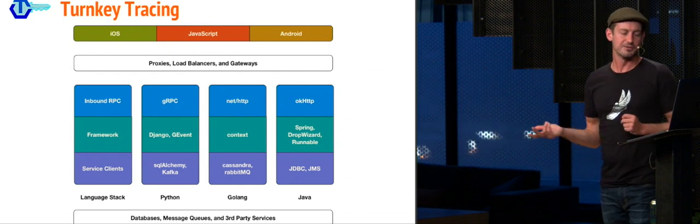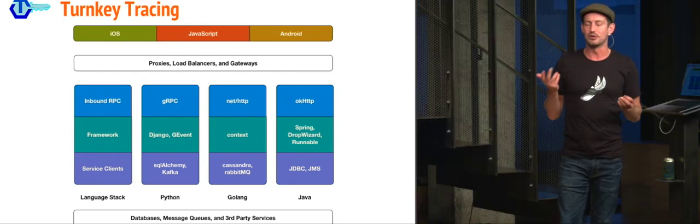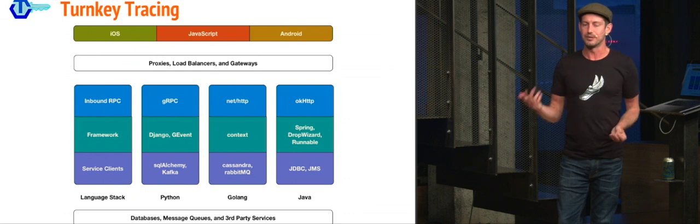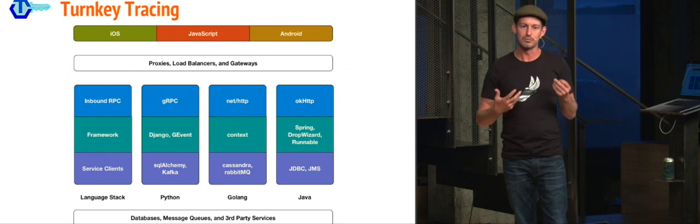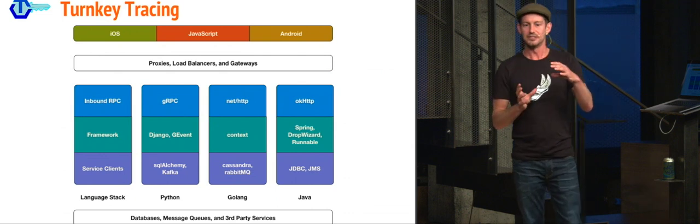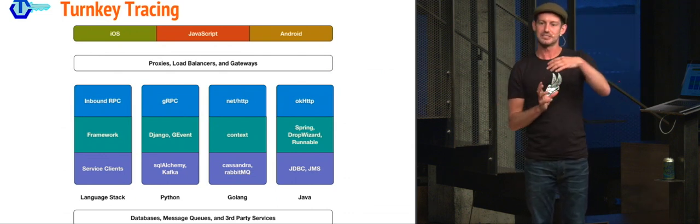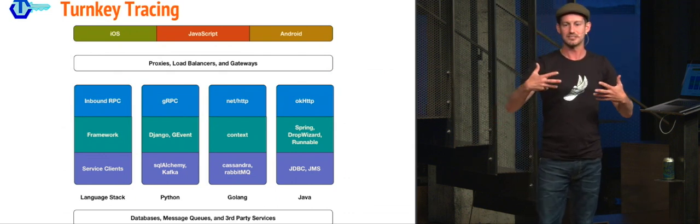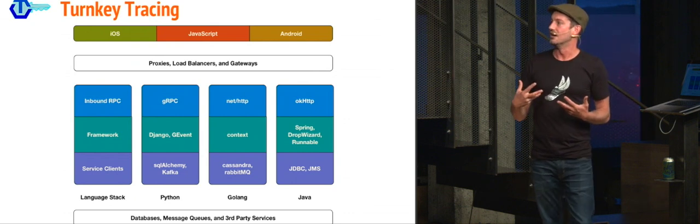And the other great thing that you get is because we can now go instrument all of these libraries and frameworks, and these libraries, frameworks and service clients actually represent the edges of each process and the places where the processes are interconnecting.